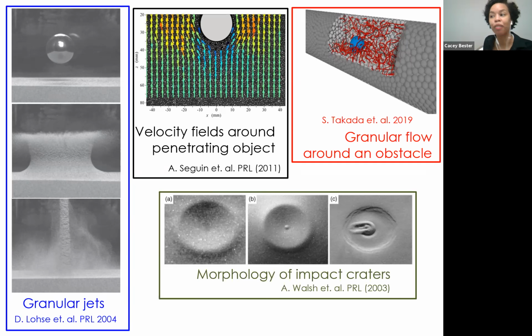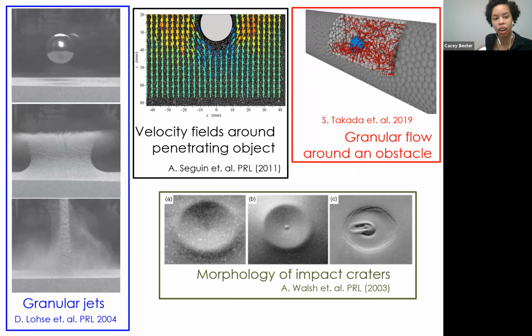But I can say that while I will not talk specifically about impact craters, I really love that you pointed out that aspect of the similarities here. Even in our granular systems, we can see that the media maintains the molding that's imparted to it due to the impact of a projectile.